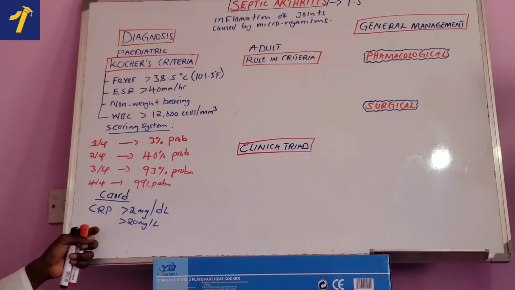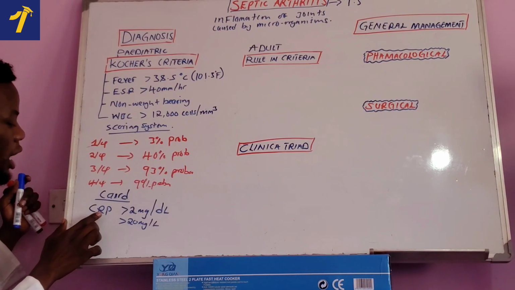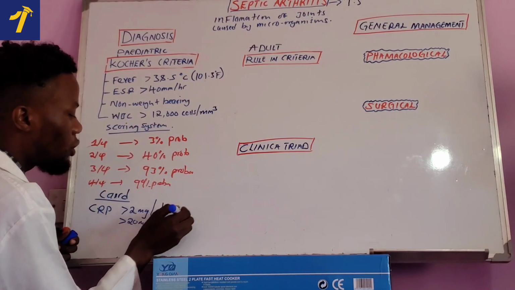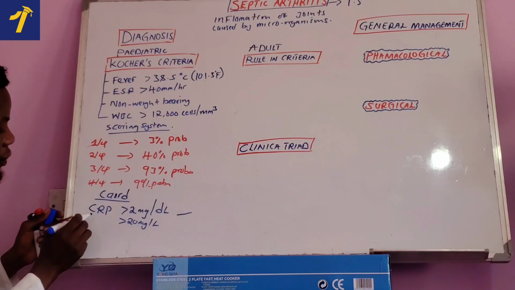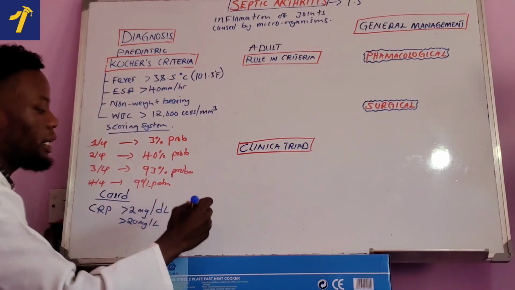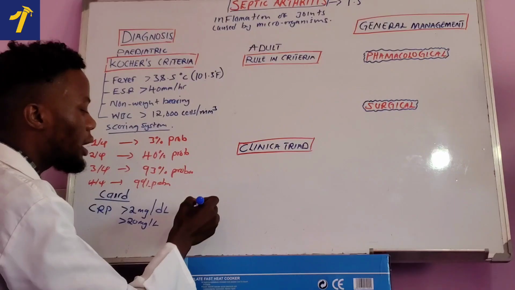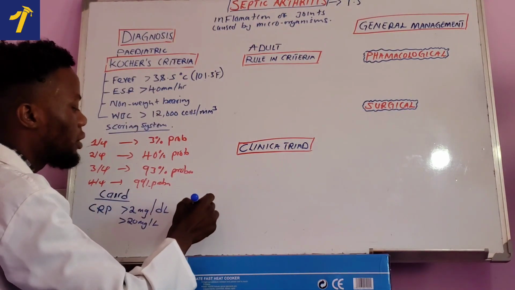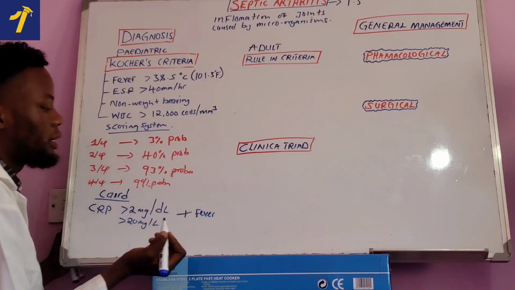So meaning that, let's try to understand this. If you have CRP and one of these criteria, let's just pick one, maybe you have fever now, what would be the probability?